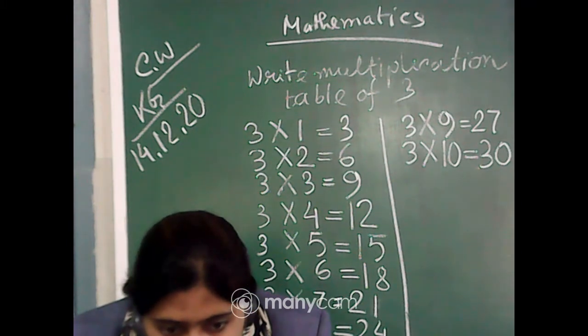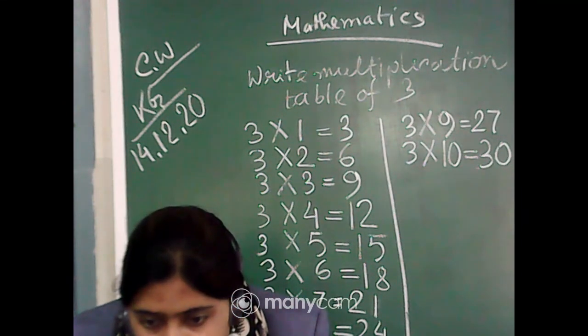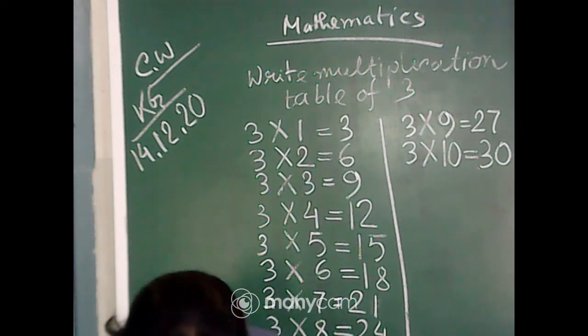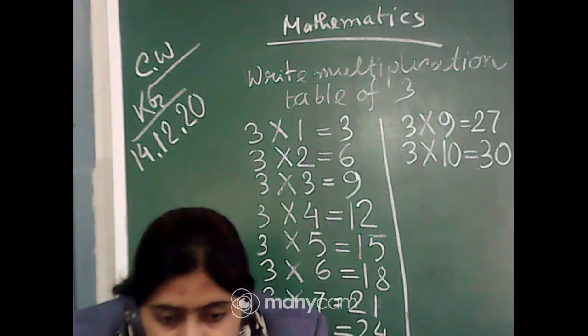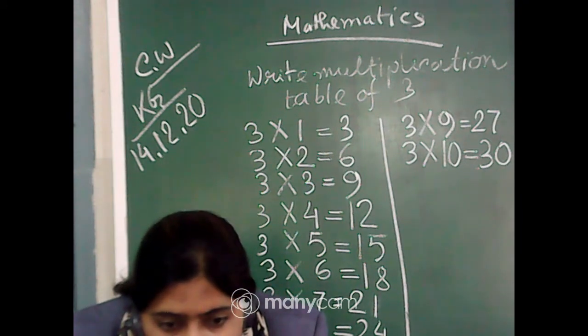Shrestha, very good. Excellent. Simran, where is your date? And CW, you have written C like this way.